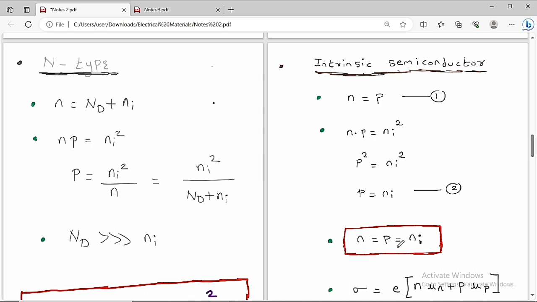Means there are no charge carriers in the conduction band as well as in the valence band: no free electrons in the conduction band and no holes in the valence band. When the charge carriers are absent, it is going to act like an insulator. That is the reason the intrinsic semiconductor at 0 Kelvin acts like an insulator.